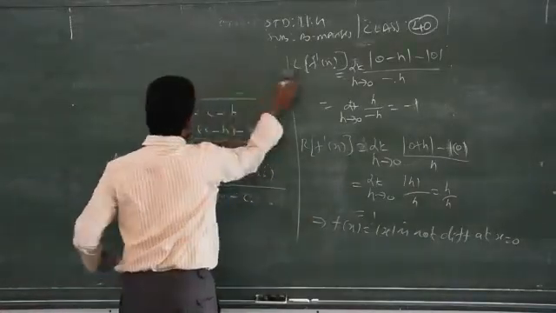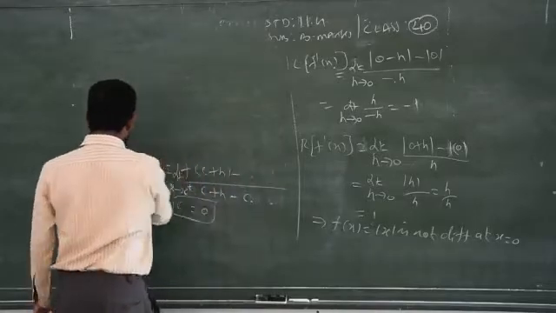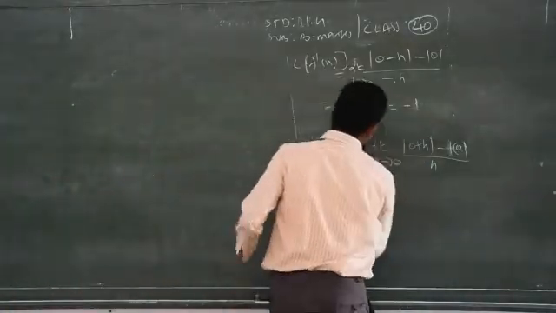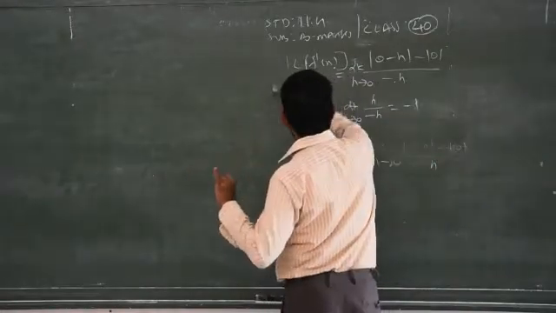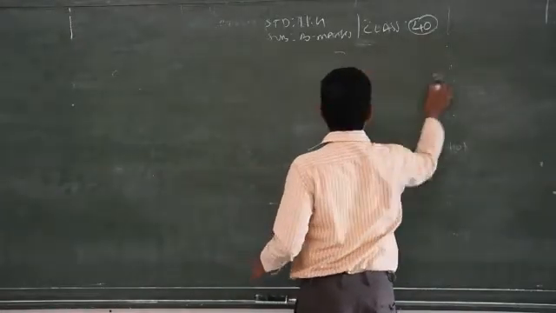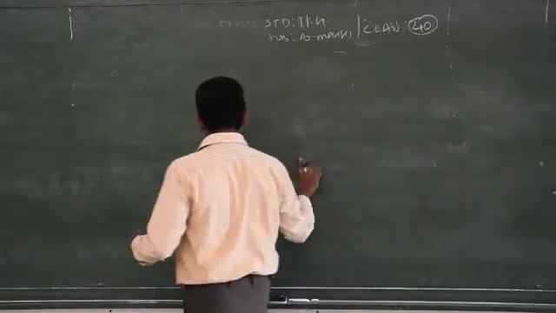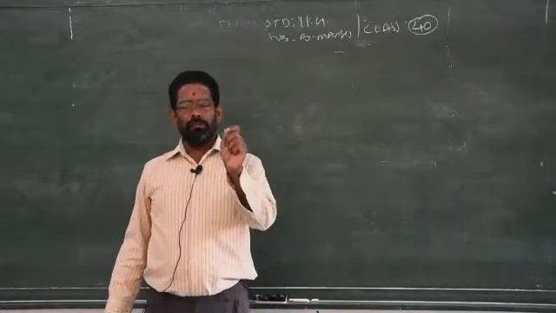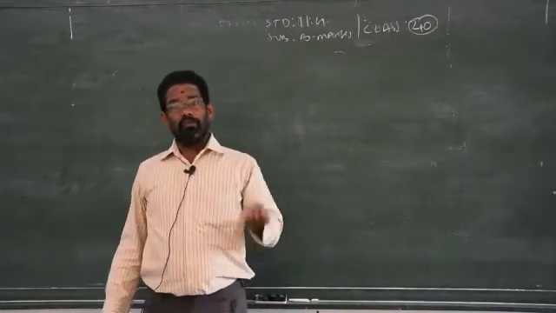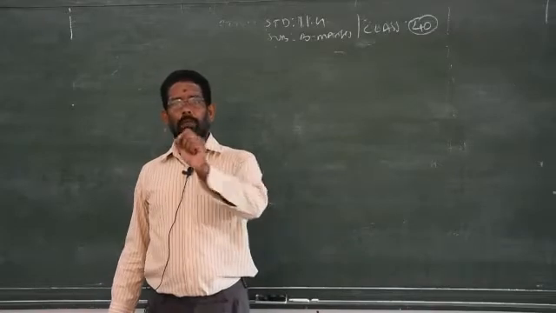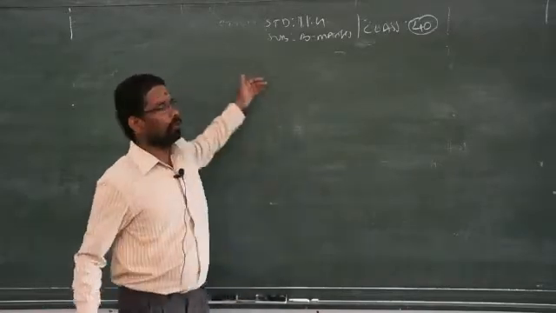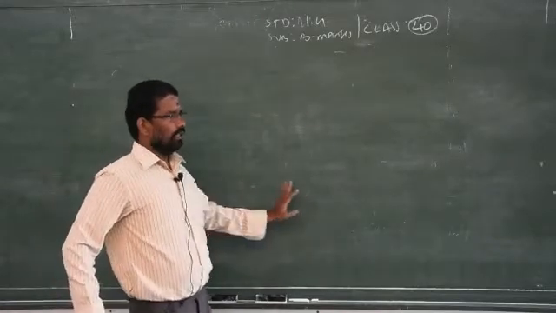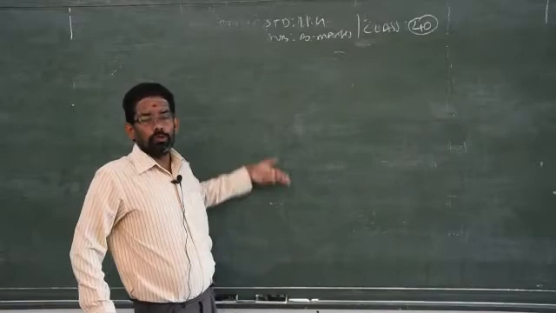Clear? So I am going to go straight away to exercise number 5.2. Let me recollect what you studied in the 5th chapter. Existence: what is the rule for existence? The left hand limit should always equal the right hand limit, by replacing x by the given point minus h for the left hand, and for the right hand, x equal to the given point plus h. When those two limits are the same, you write that the limit exists.